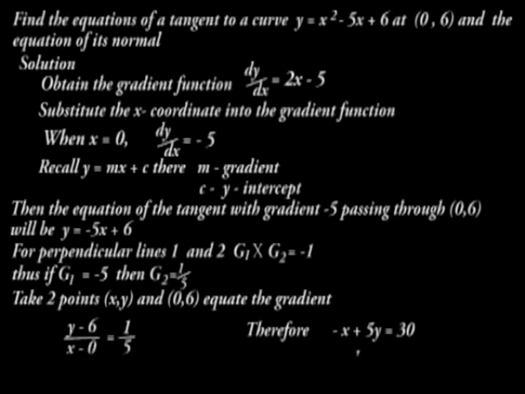Therefore, (y minus 6) over (x minus 0) is equal to 1 over 5. Multiplying, we end up with the equation y is equal to 1 over 5 x plus 6. This is the equation of the normal to the tangent of the curve at the point (0, 6).